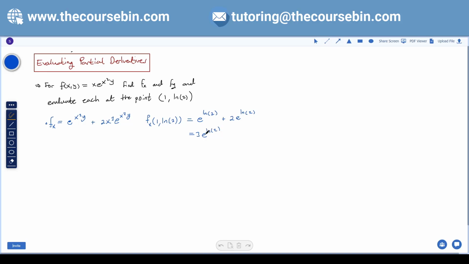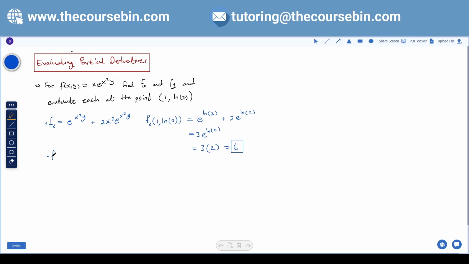And since the exponential and the natural log are inverse functions, we just have 3 times 2. The e and the ln cancel to give 2, and this gives us 6. So this means our slope in the x direction when we're at the point 1 comma natural log 2 is equal to positive 6.